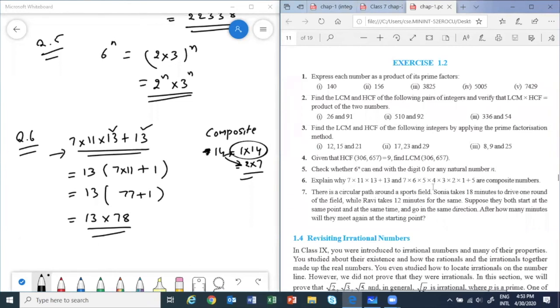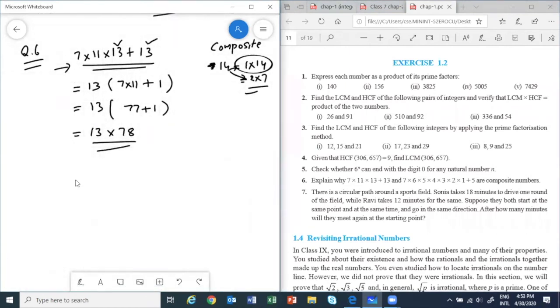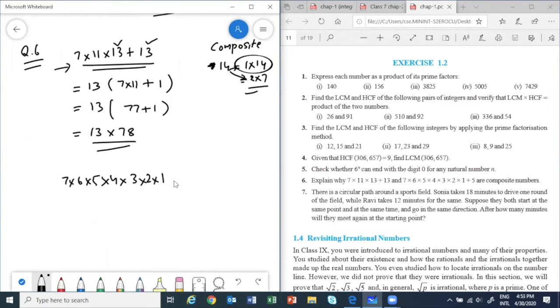Now next number, let's take it in the same way. We have 7 into 6 into 5 into 4 into 3 into 2 into 1 plus 5. Correct? Then again 5 is common. So take out 5: 5 multiplied by 7 into 6 into 4 into 3 into 2 plus 1. Calculate.